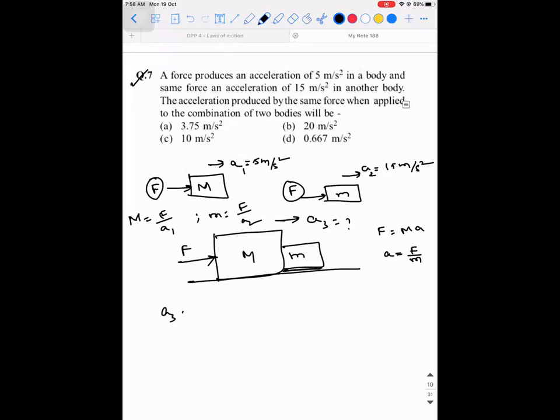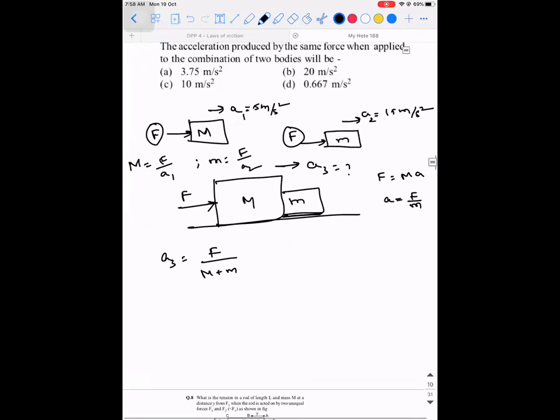Then what is A3 in the same logic? A3 is F divided by M plus m, small m plus capital M, right? So what we can do is, I will write this as F itself divided by, in the place of capital M, can I write it as F divided by A1? In the place of small m, can I write it as F divided by A2?